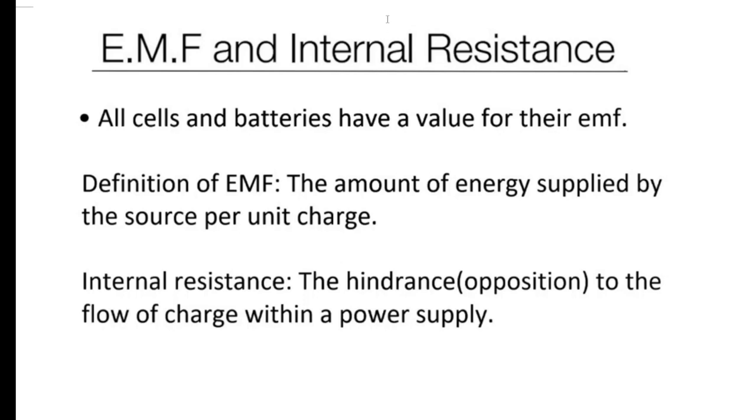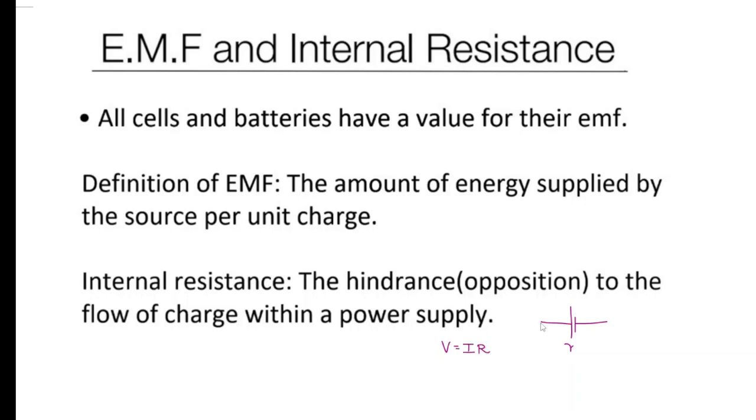Now, let's just look into this a little bit more. So imagine if you had a battery or a cell with very small internal resistance. Now, remember the formula for current, V is equal to IR, the basic Ohm's law formula.